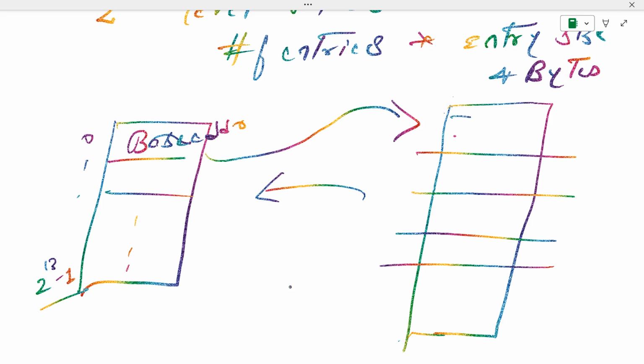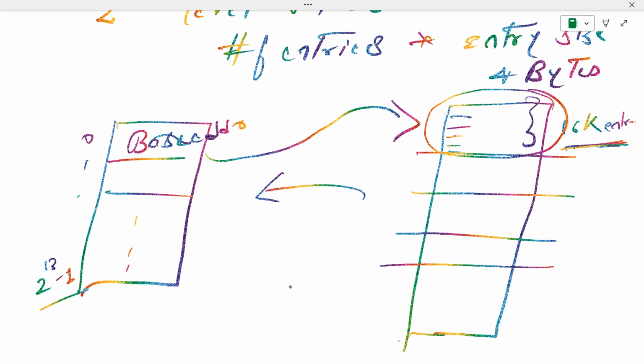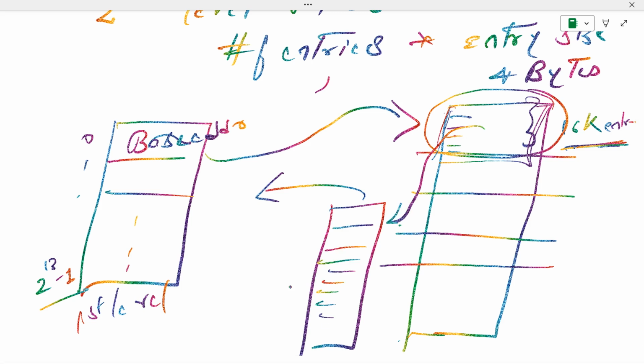Now here we have this page offset. That page offset is the size of this page. Each page has 16K entries. So this is the size of the page of the page table. So 16K determines the entries of this particular page. If we talk about the second level page table, this is the first level page table, and the second level page table is nothing but this page, which will have altogether 16K entries.